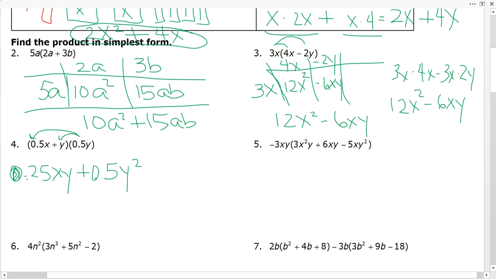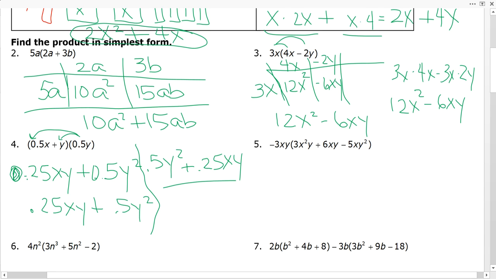Okay, so here's my answer. 0.25 xy plus 0.5 y squared. Technically, I should flip them around because you always put the biggest exponent first. So technically, that's the answer.